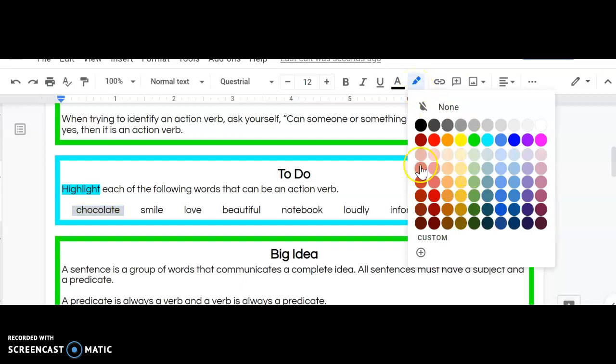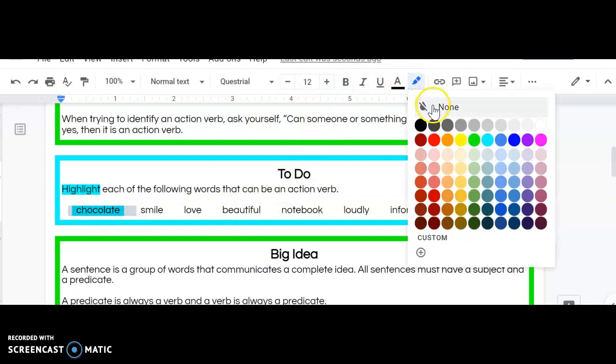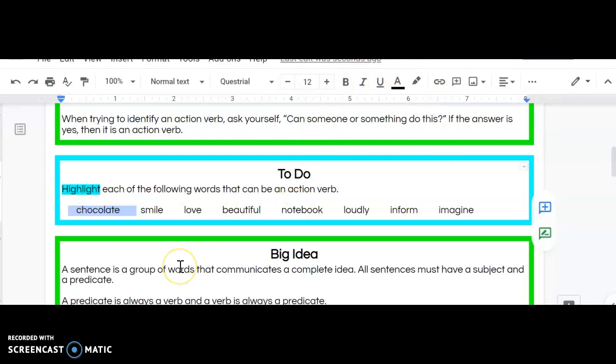And click it, and I have lots of options for colors. I just chose blue because it was the same color as the box, and to me that was nice rather than having 1,000 different colors. If you want 1,000 different colors, that's fine too. All right, so I decided that chocolate is. Now you may decide chocolate is not an action verb, in which case you would not highlight it, right?